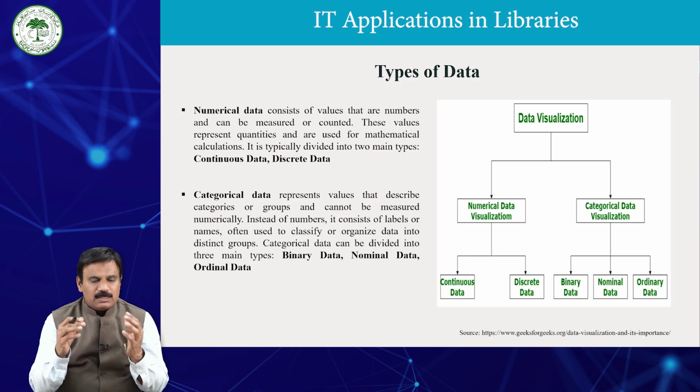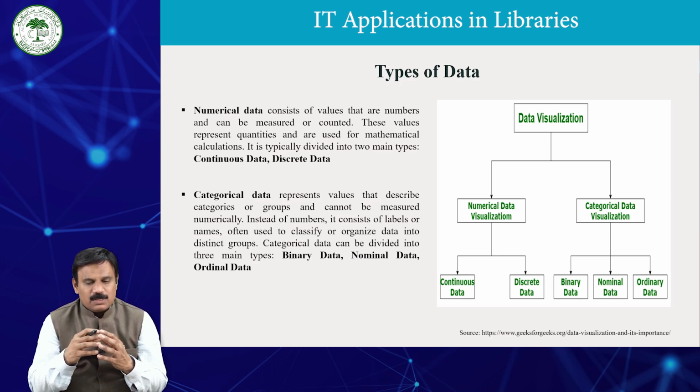The categorical data represents values that describe categories or groups and cannot be measured numerically. Instead of numbers, it consists of labels or names, often used to classify or organize data into distinct groups. Categorical data can be divided into three main types: binary data, nominal data, and ordinal data.